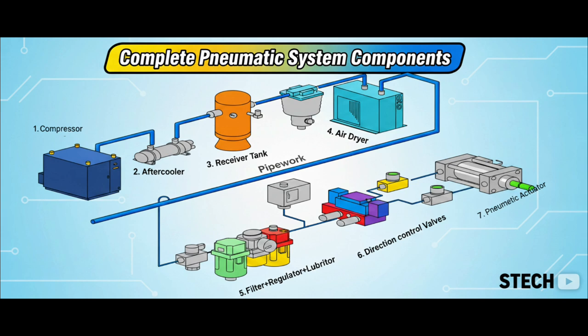The second one is air preparation by using air dryers, filters, regulators and lubricators. The third one is air control by using directional control valves, which may be 5x2 or 3x2. And finally, the actuator to perform a given work. If you understand this flow, then you understand the complete pneumatic system.